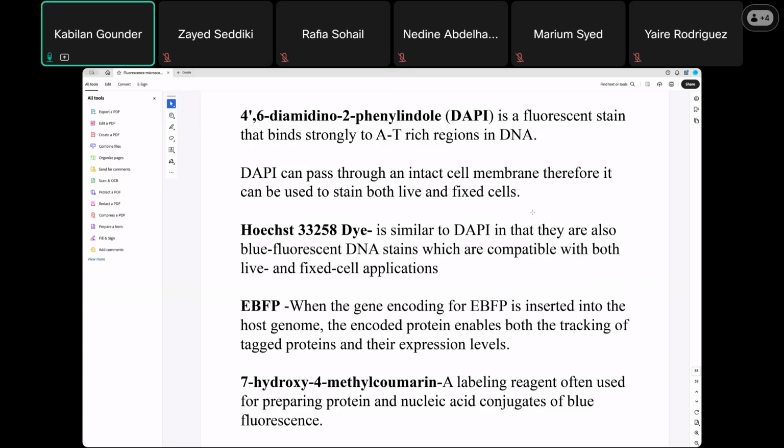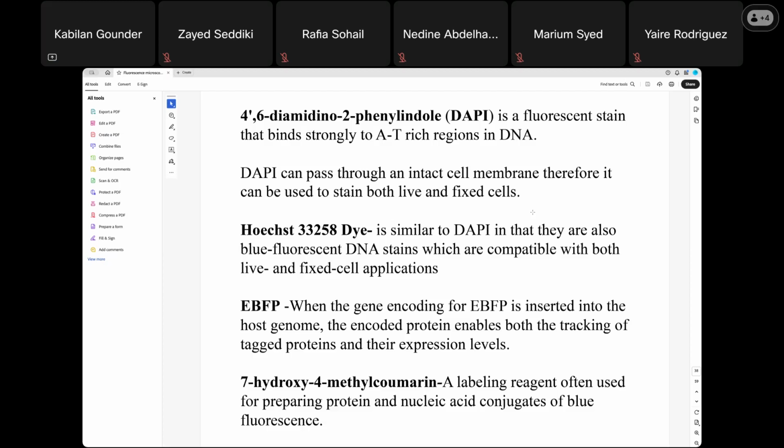Some of the dyes are, this is DAPI, diamidino-phenylindole. We simply call it DAPI. It is a fluorescent stain that binds strongly to AT-rich regions in DNA. DAPI can also pass through an intact cell membrane, therefore it can be used to stain both live and fixed cells. That is the advantage of DAPI.